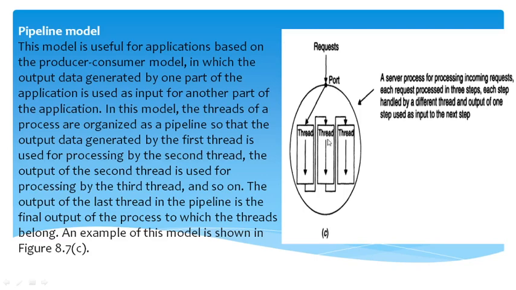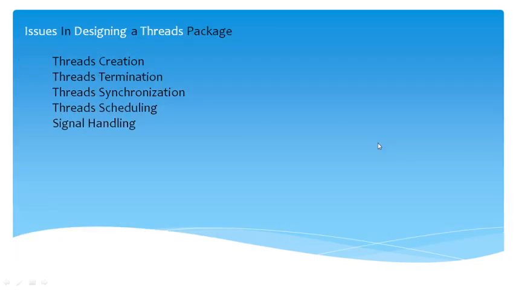The output generated by the second thread is used for processing by the third, and so on. We can build the output in a pipeline. So the final output of the process to which the threads belong will be given by the last thread. Okay, this is the pipeline model.